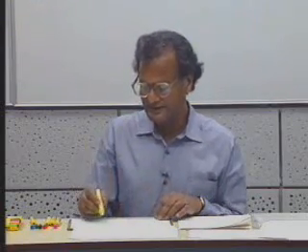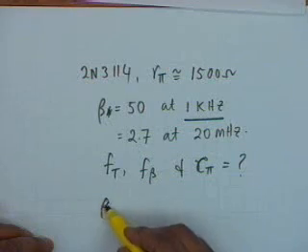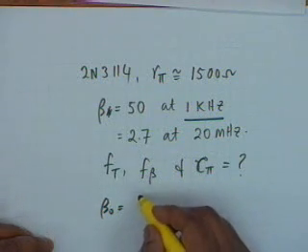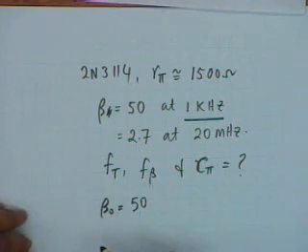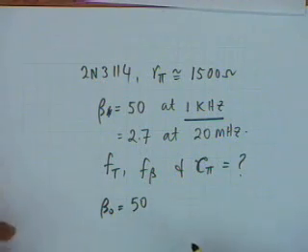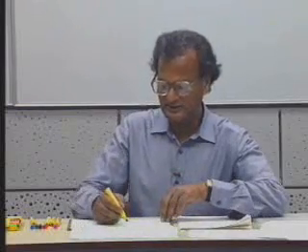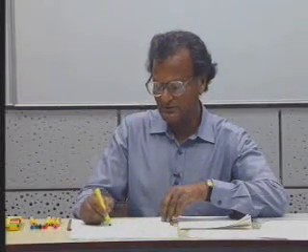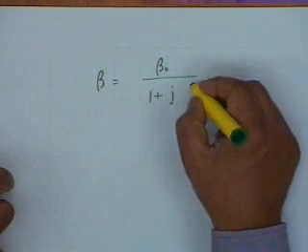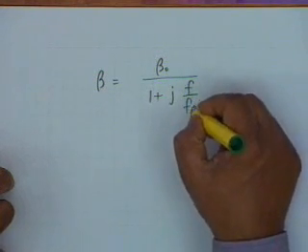Common sense says that 1 kilohertz is a sufficiently low frequency, and therefore you can take beta 0 as equal to 50. You know that the variation of beta is given by beta 0 over 1 plus j f by f beta.